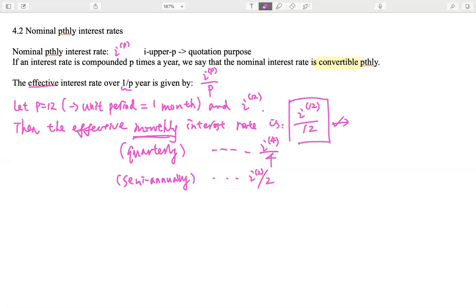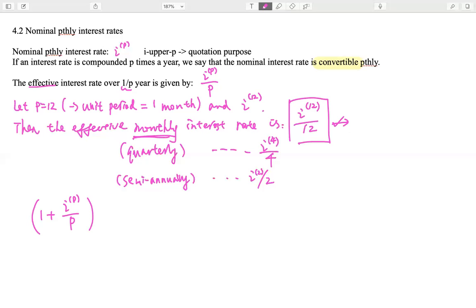between the nominal interest rate and the effective interest rate. So we know this is the nominal interest rate. So 1 plus the nominal interest rate divided by P would be my account value by the end of 1 over P year, since we are at the compound interest rate.